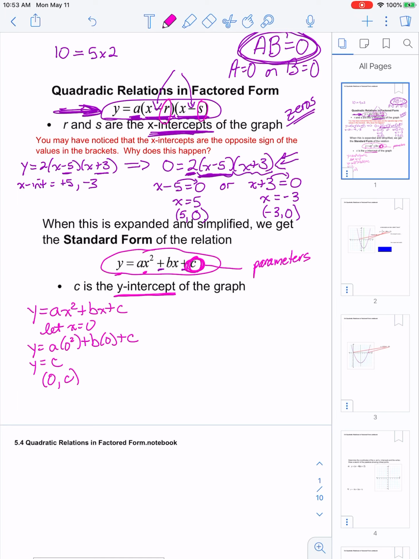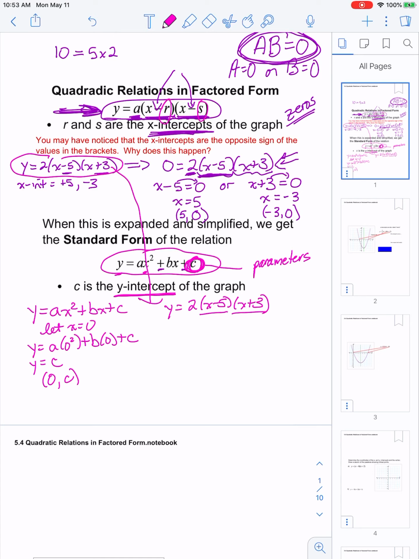All right, so if I take this example from up here and I bring it down here and I expand it, so y equals 2(x minus 5)(x plus 3). When I expand these, I expand the bracket parts first and then I multiply by the coefficient. That's just how it makes more sense in my brain.